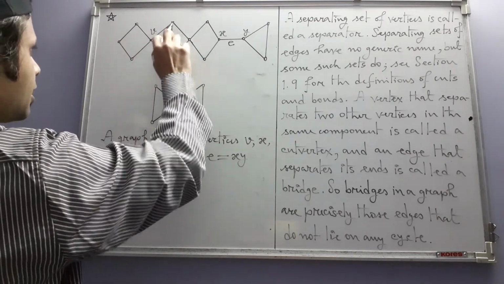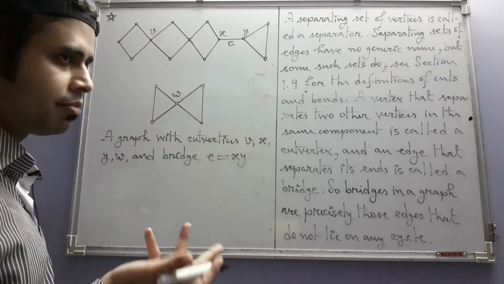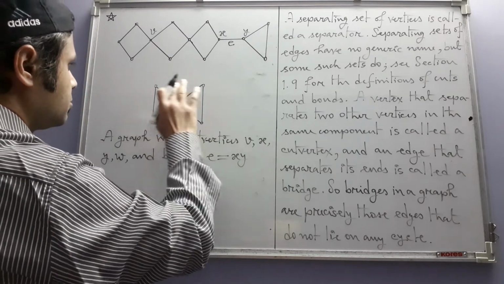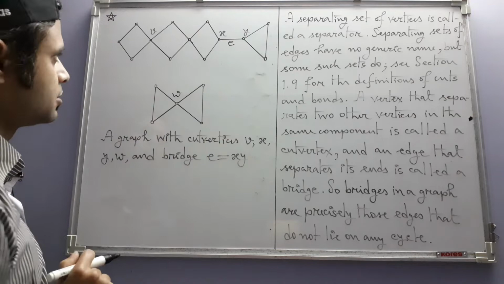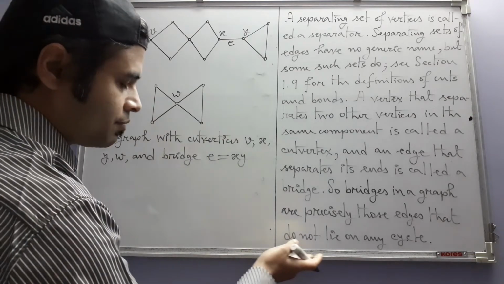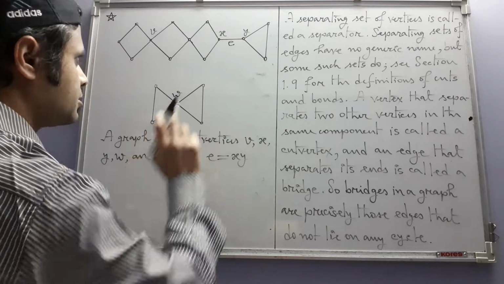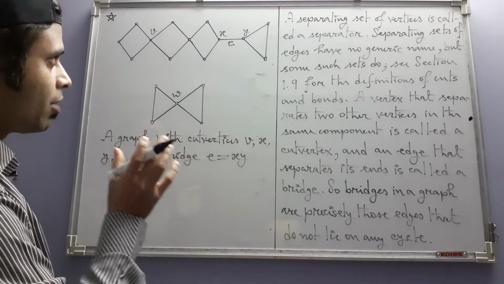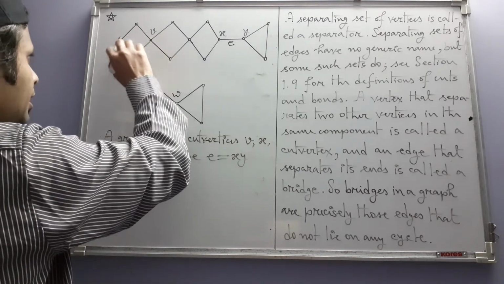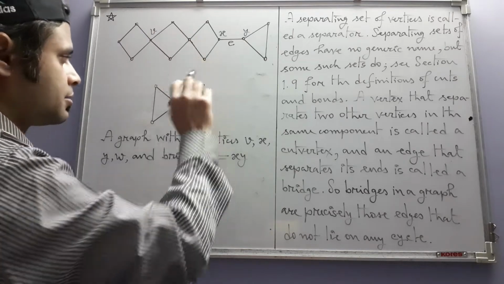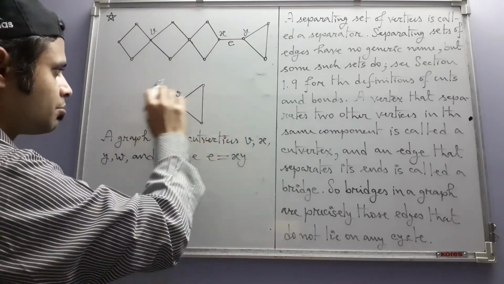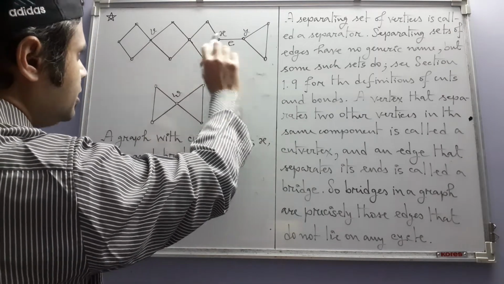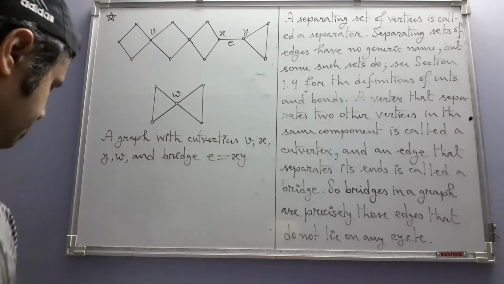Similarly, if you remove the upper or lower vertices, or these 4 vertices, the number of components does not increase. And because of this last line, the only bridge in this graph is this one, which does not lie on any cycle. You see that all the other edges are parts of some cycles. Here in this component there is one cut vertex and no bridge. In this component there are 3 cut vertices and 1 bridge. Okay.